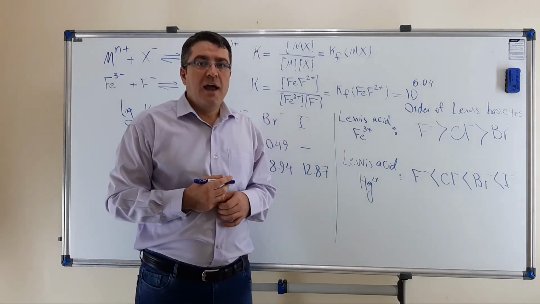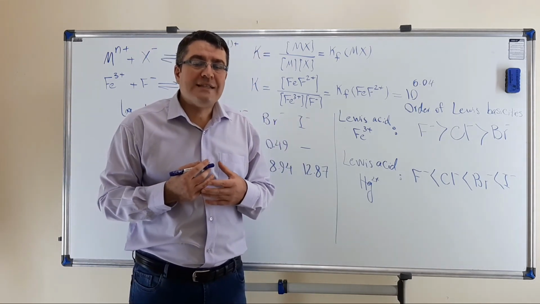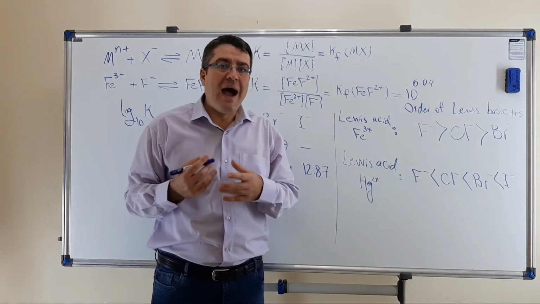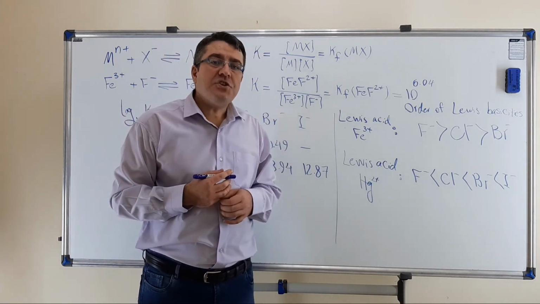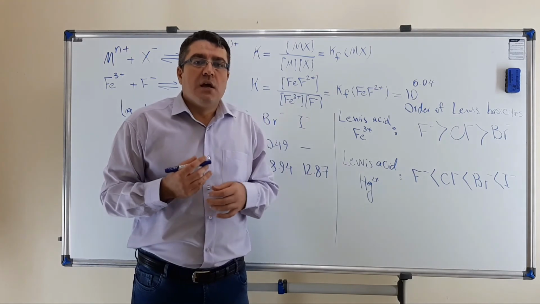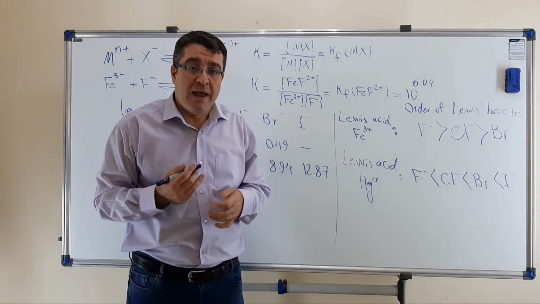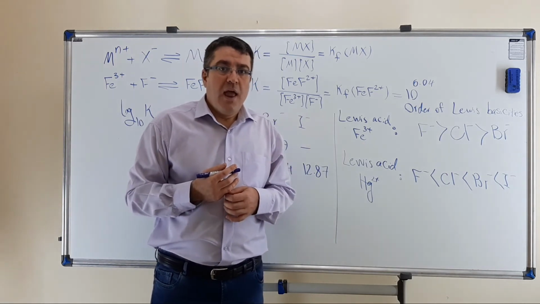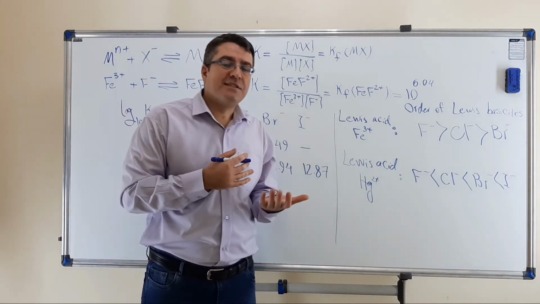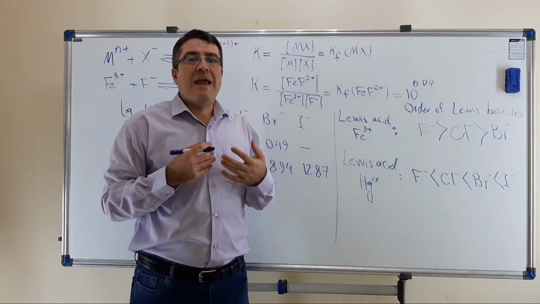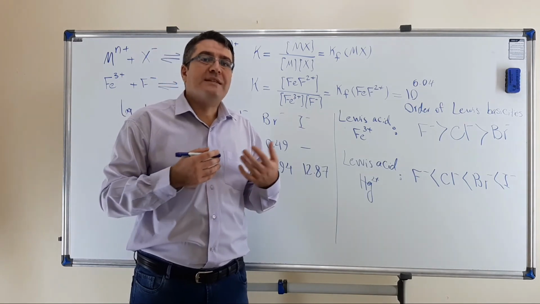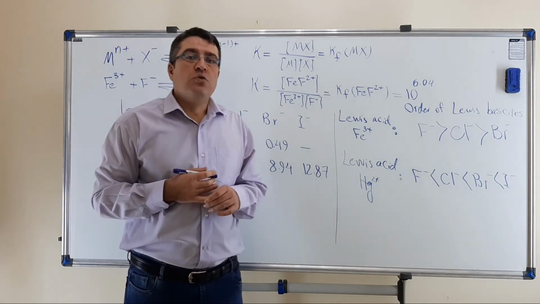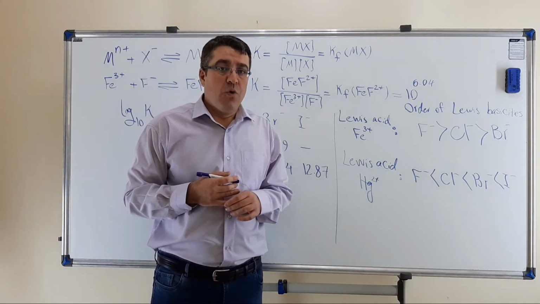Because of this, the ability of a Lewis acid to act as a Lewis acid, or the ability of a Lewis base to act as a Lewis base, in addition to its inherent properties, also depends on properties of its reaction partner. And because of this, when Lewis acids change, the order of Lewis basicities may change. When Lewis bases change, the order of Lewis acidities may change, and we cannot obtain a universal order of Lewis acidity or basicity.